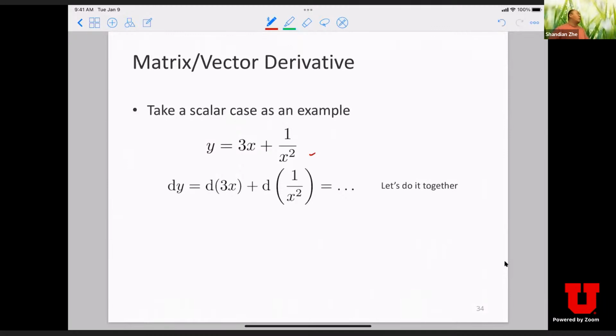Can anyone give me a hint? We just look at here, right? So when we calculate dy, that means we take a derivative over this.